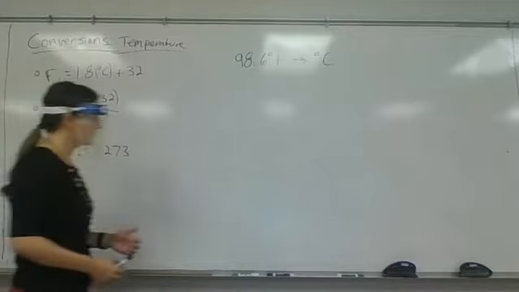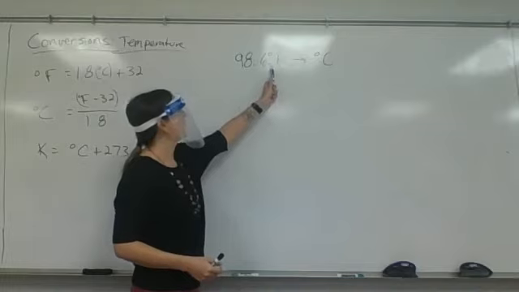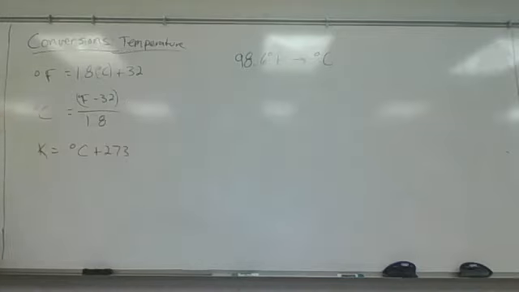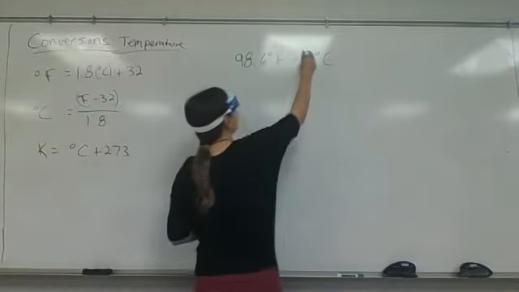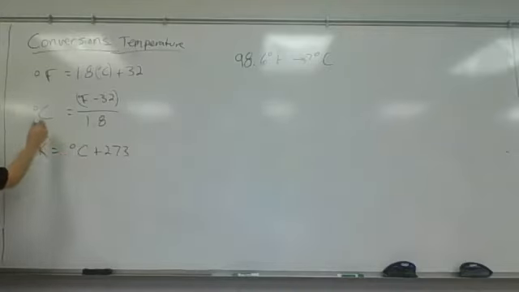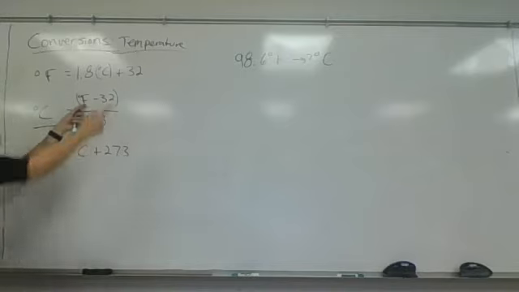To do this conversion, you need to figure out, what do I have? What do I need to go to? And that will help you pick the appropriate equation. When you're solving for Celsius, this is the question mark one, right? You want to pick the equation where Celsius is equal to. That way you don't have to rearrange the equation. You're just going to take the Fahrenheit amount and plug it straight in.